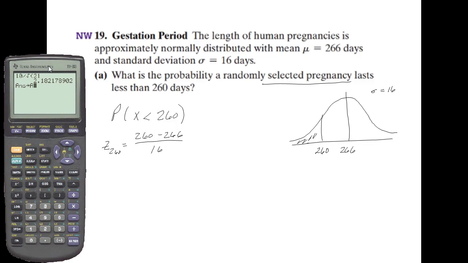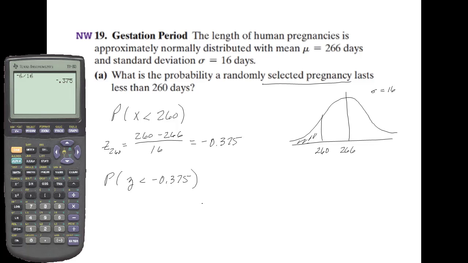So I'll take the calculator and do that math. 260 minus 266 is just negative 6. So negative 6 divided by 16 gives me negative 0.375.